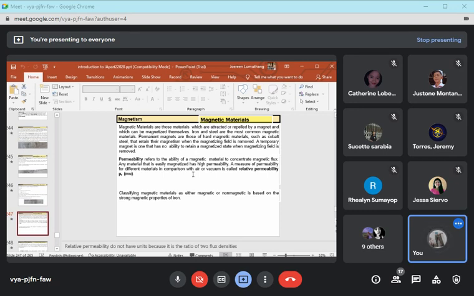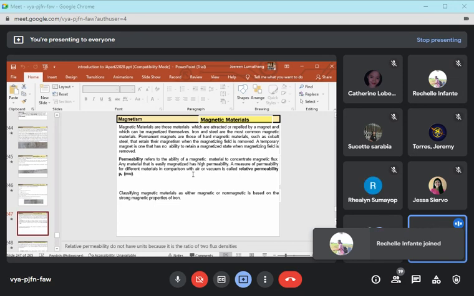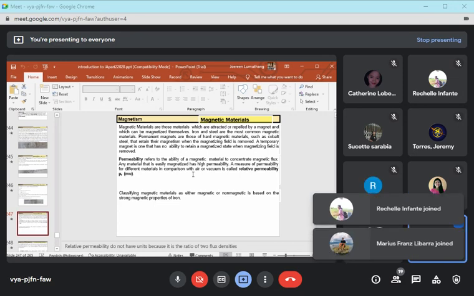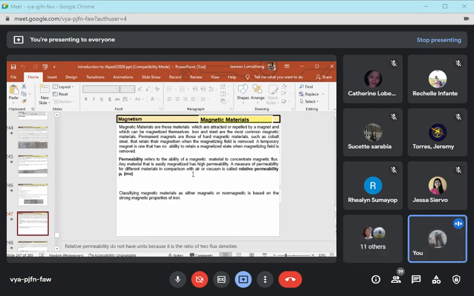Permanent magnets are those of hard magnetic materials, such as cobalt steel, that retain their magnetism when the magnetizing field is removed. A temporary magnet is one that has no ability to retain a magnetized state when the magnetizing field is removed.